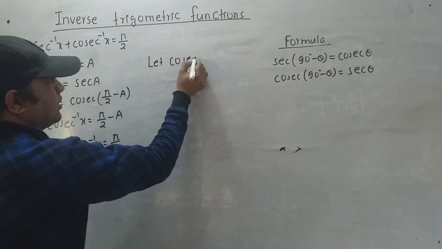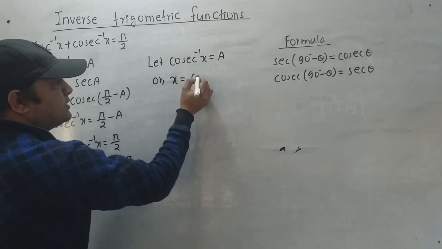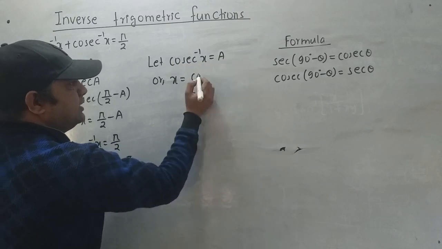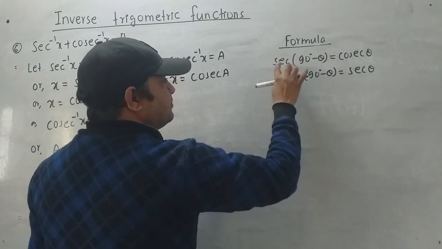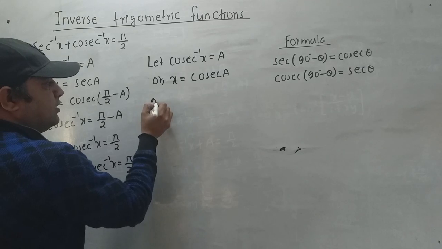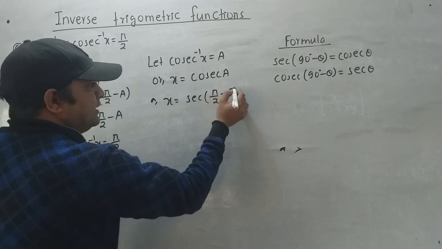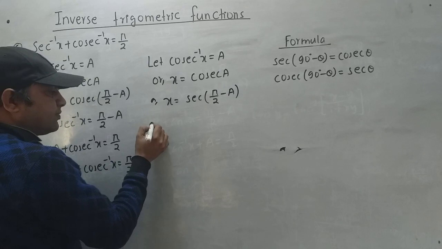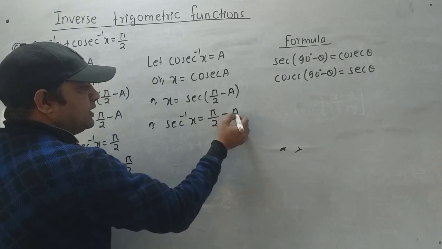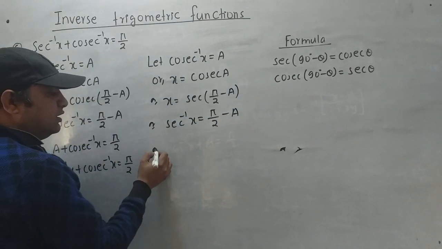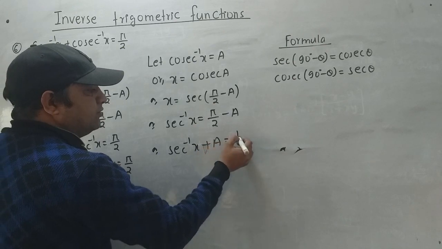Let cosec inverse x equals A, or x equals cosec A. So for cosec A you can replace that by sec 90 minus A, or x equals sec pi by 2 minus A. So sec inverse x equals pi by 2 minus A. This minus A you take to the left hand side, or sec inverse x plus A equals pi by 2.